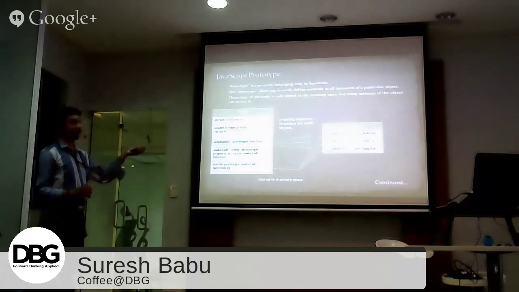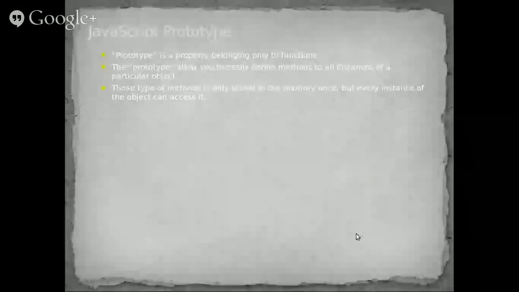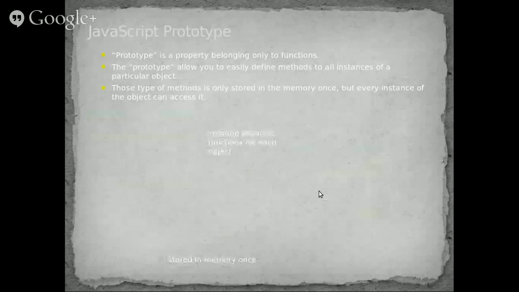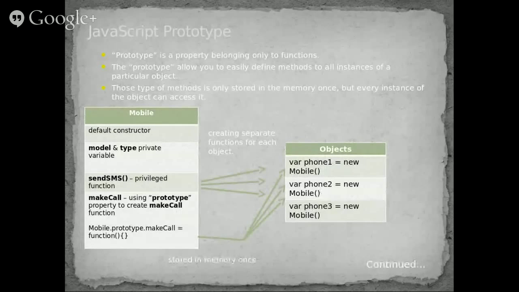This is a sample of a mobile class, and I have a constructor and model and type variables and a sendSMS function. And here, I'm using the prototype property to define the makeCall function.